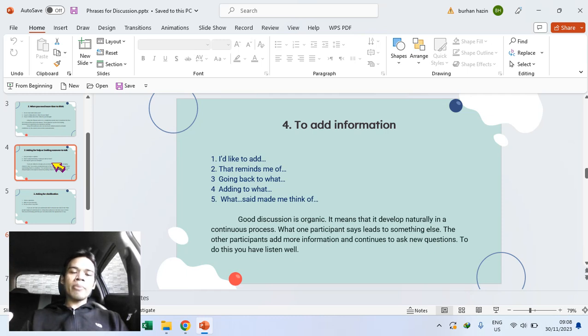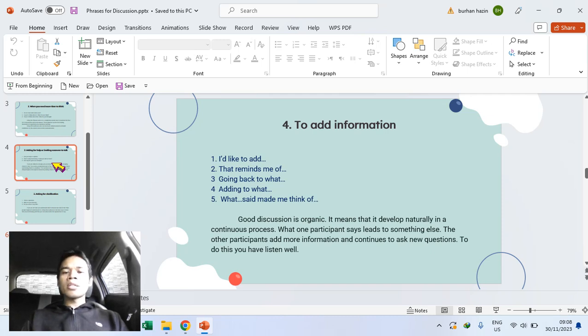So those are phrases you can use if you want to add information in the discussion. So, good discussion is organic. It means that it develops naturally in a continuous process. What one participant says leads to something else. The other participants add more information and continue to ask new questions.